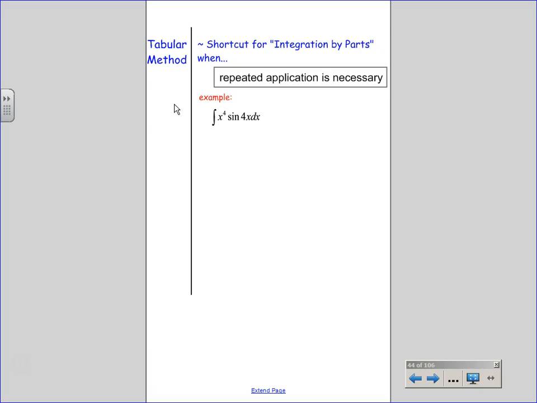Next time, isn't it going to be x? Next time, isn't it going to become a 1? Oh, there we go. The tabular method, though, is only really useful, I think, in one case. Now, there is something called, okay.